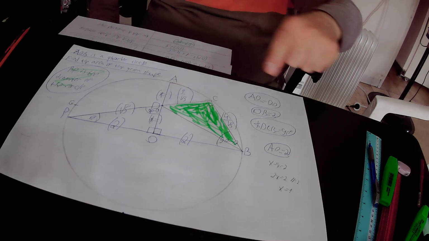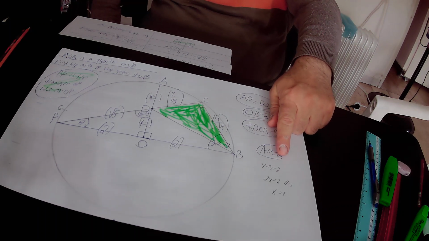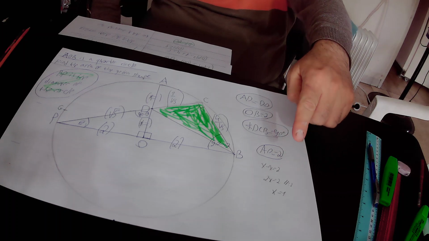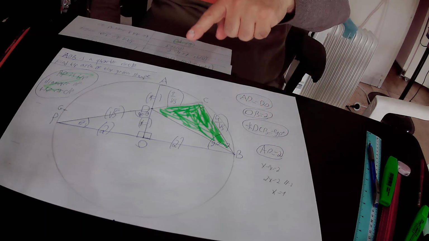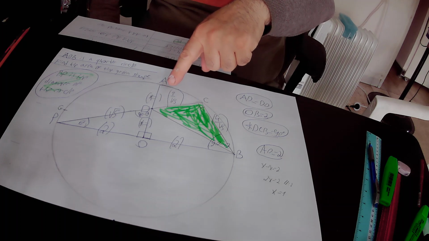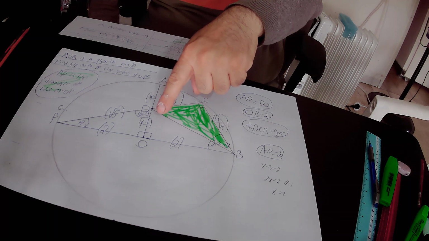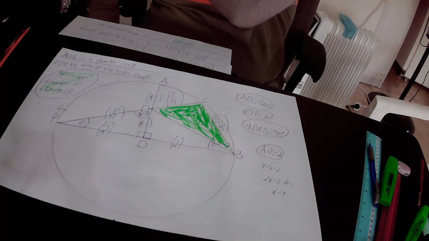But AO equals 2, therefore x plus x equals 2, x plus x is 2x, so 2x equals 2. We divide this equation by 2 and find that x equals 1. So x, which is equal to AD according to our definition, equals 1, and DO, which is also equal to x, equals 1.